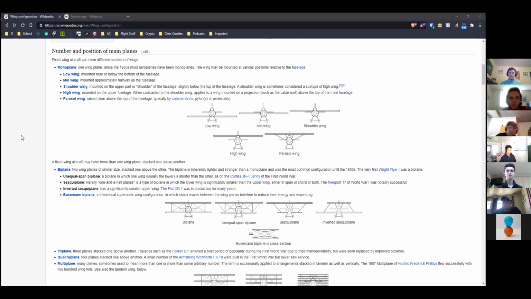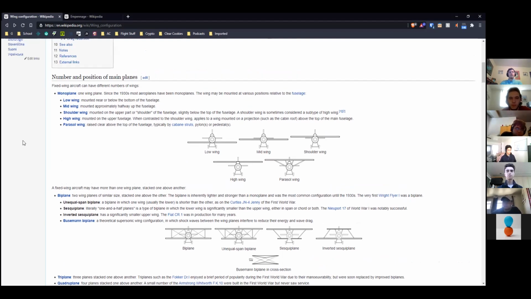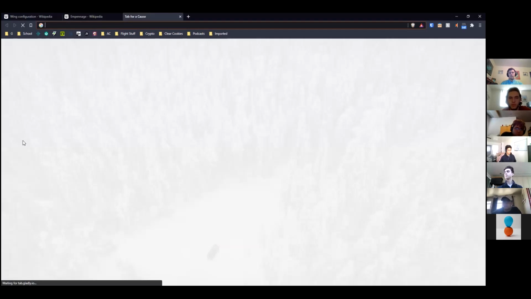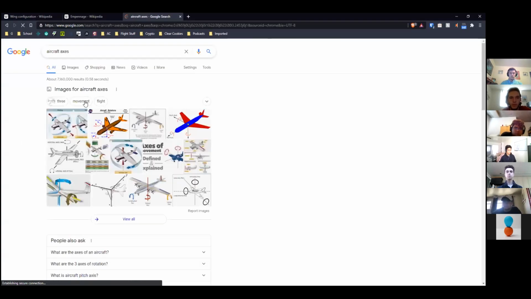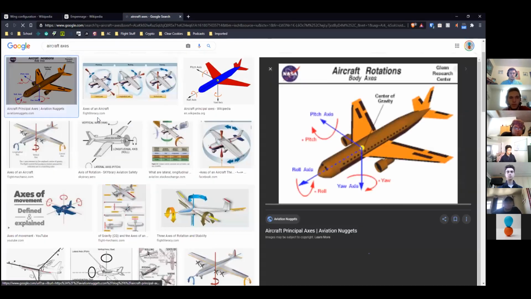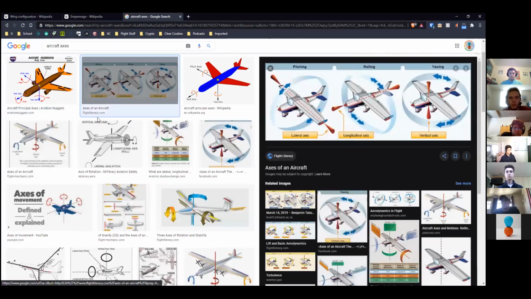If you've been in 121, I think they at least cover this a little bit. It'll help us talk about stuff. So the lateral axis is the one that passes through the wingtips. The longitudinal axis, aka the long direction, goes from the nose through the tail, and the vertical axis is vertical.